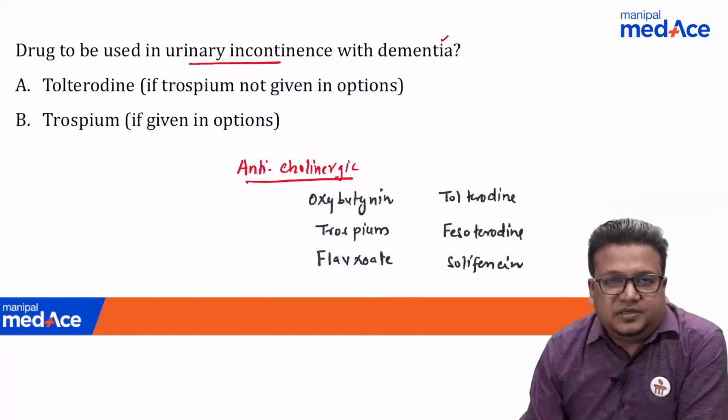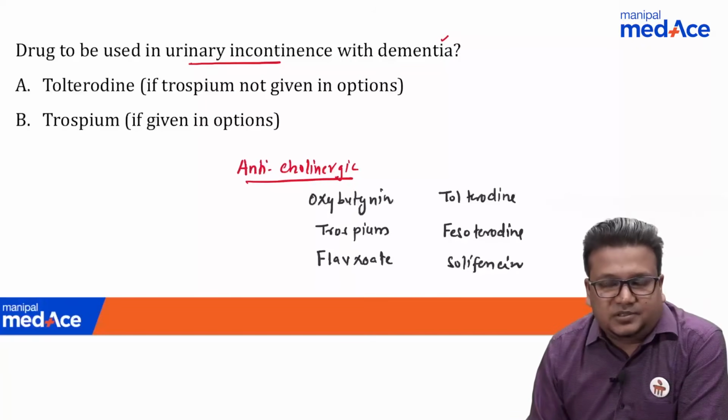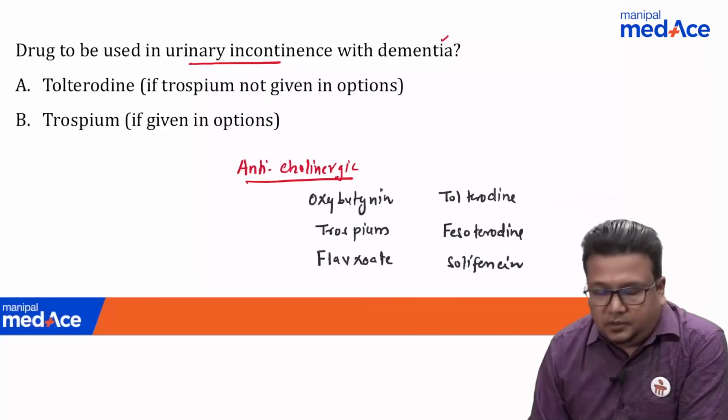All these are anticholinergics which can be used in a patient of urinary incontinence or urge incontinence. They all will relax the bladder. So tolterodine, trospium, both are given in the option.